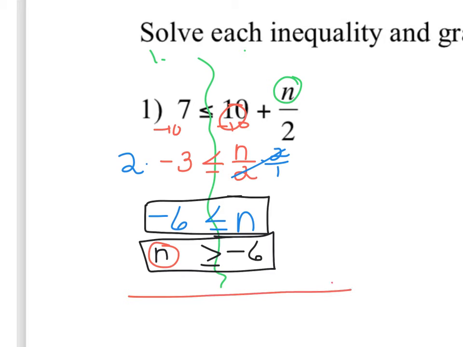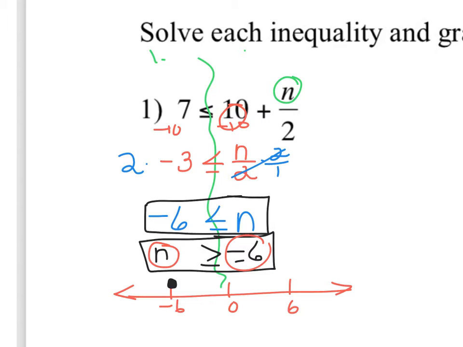So to draw the number line, I'm going to use a -6 and a 6, because that is the number I'm looking at. I'm going to start at where the -6 is, which is right here.